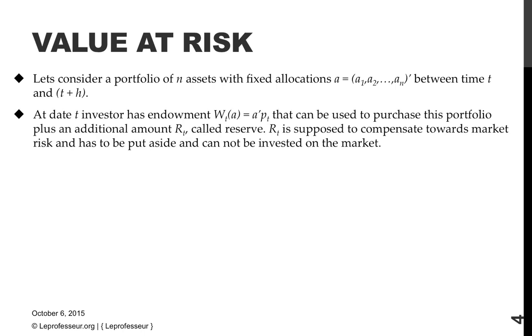At date t, meaning the present day, you can assume the investor has an endowment, which we can represent by W_t, with the price P_t at time t, or we can put a number, the portfolio average price, and A is the composition that can be used to purchase this portfolio.